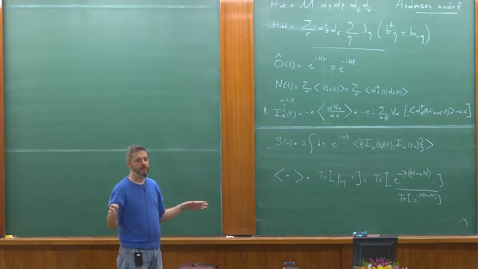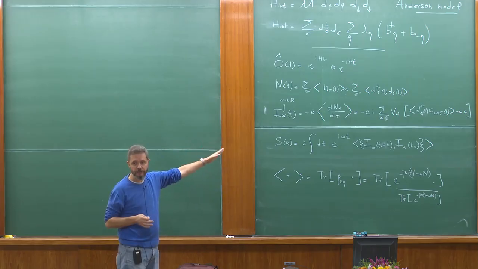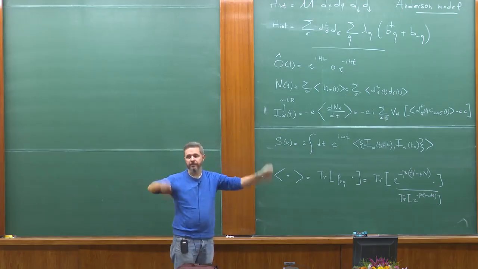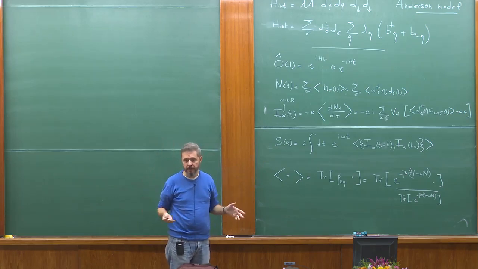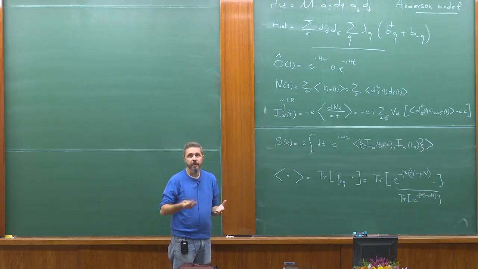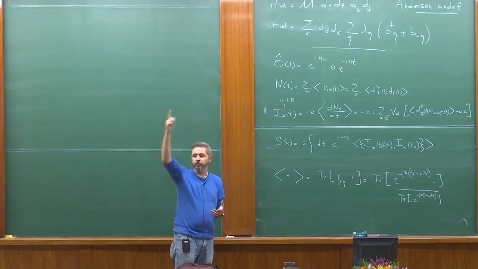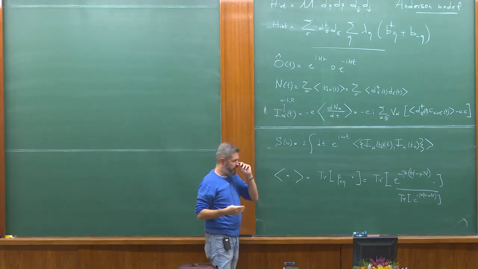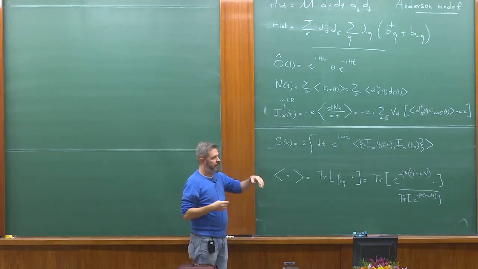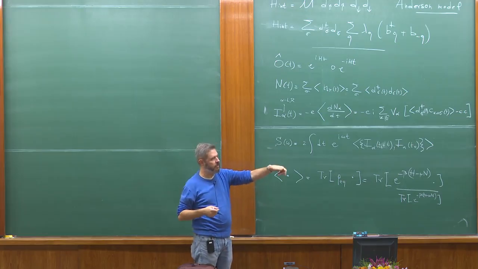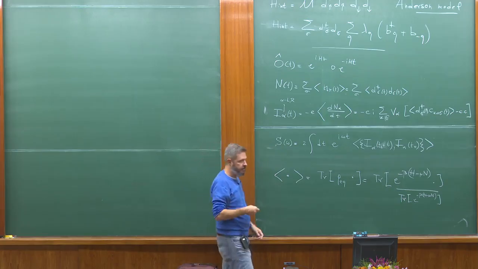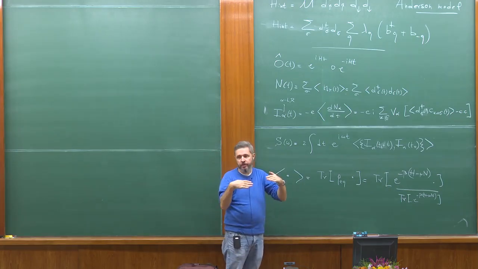So what is the simplest way to take this system out of equilibrium? Of course, I can take all the parameters and make them time-dependent. That's one way. But there is also another way that describes, for example, what is going on in that circuit, which is when I click the switch there, what happens is that I close a circuit.